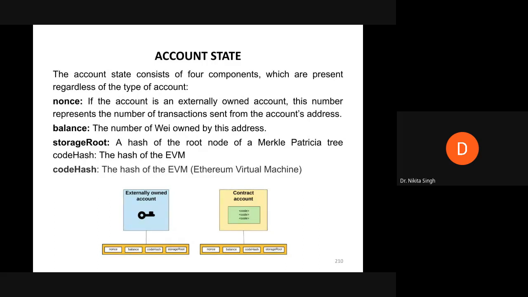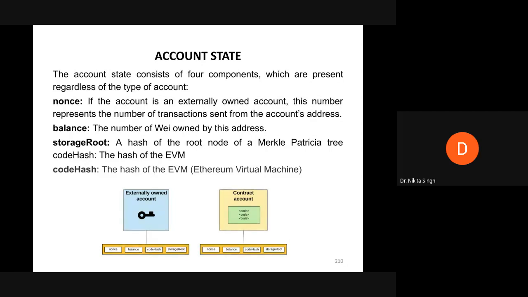So balance gives you the number of ether that are owned by you. But if you look here, it says the number of Wei owned by this address. So what exactly is this Wei? Wei is the smallest denomination of ether.